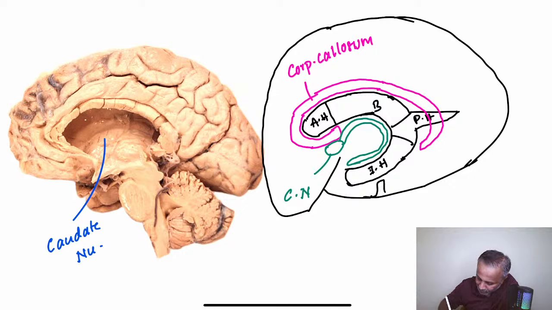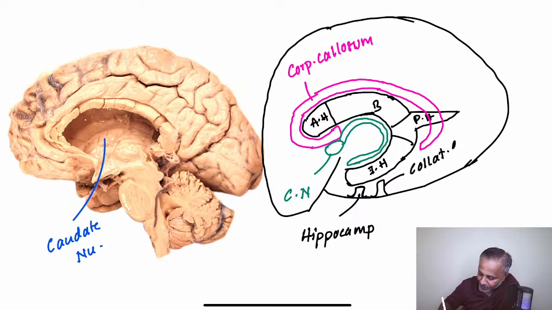One important sulcus and one important part of the limbic system. These are your hippocampus. One is the hippocampus region and this region is the collateral eminence.